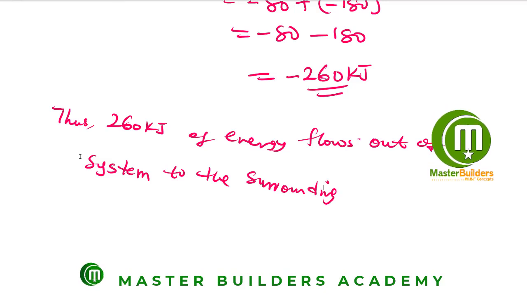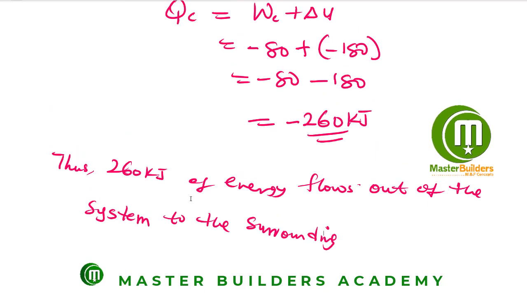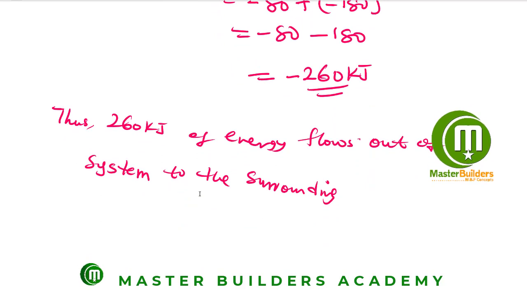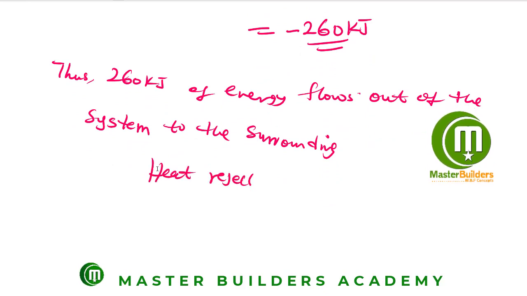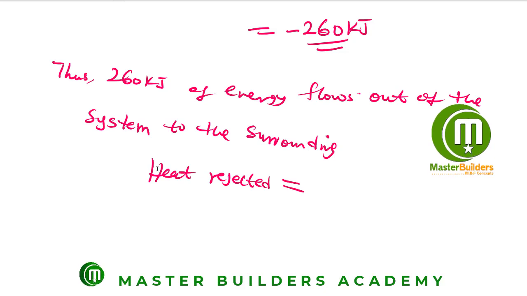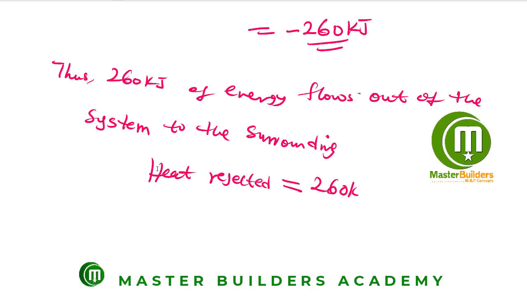Are you there? To the surrounding. So what happens to this kind of heat that flows out from a system to the surrounding? Heat rejected, right? Yes, it's actually heat rejected. You can call it heat rejected. And that value becomes 260 kilojoule.